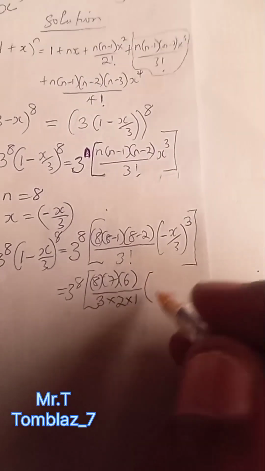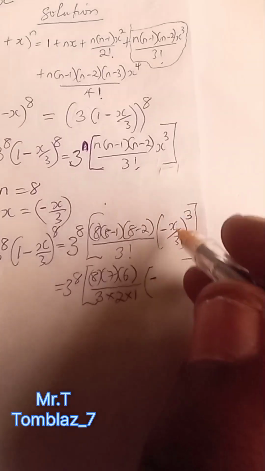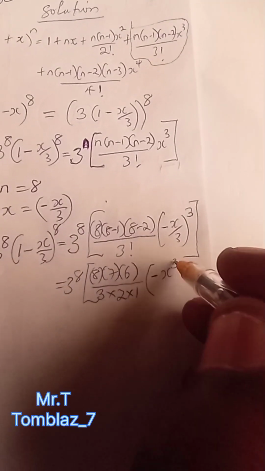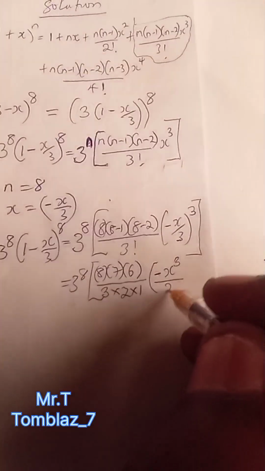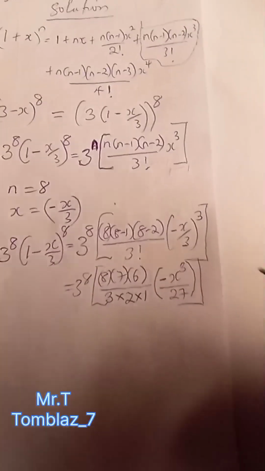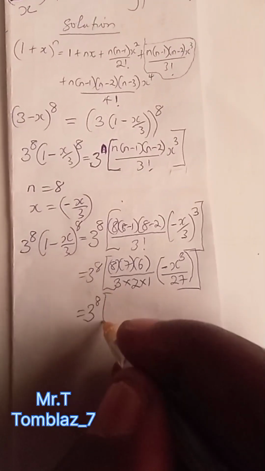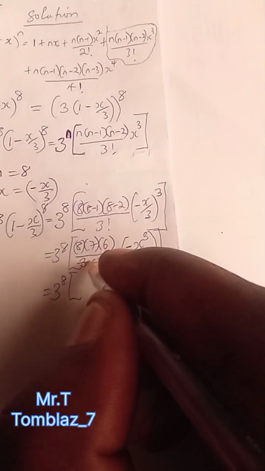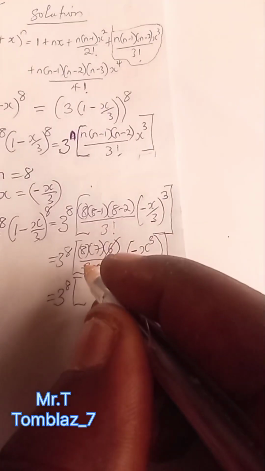Then, because the power is odd and the value is negative, we still have minus. Then this x will be raised to the power of 3, and this 3 will be raised to the power of 3. So 3 raised to the power of 3 is 27. Alright, so here we'll still be having 3 raised to the power of 8, so we can cancel through here now. This is 3 times 2 is 6, so it goes with this, right?